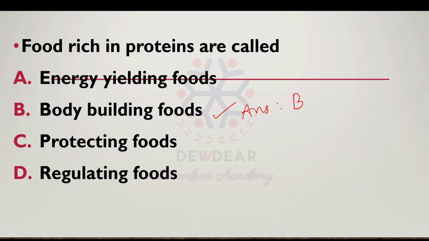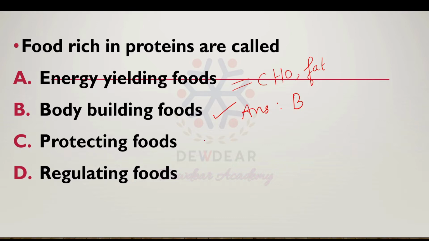So what are energy yielding foods? Energy yielding foods means the foods rich in carbohydrate and fat. And protecting foods include mainly the vitamins and minerals.